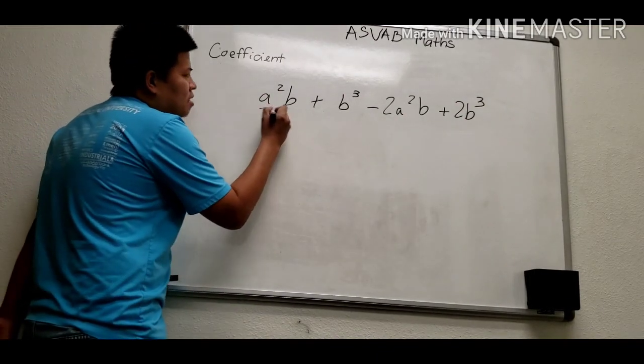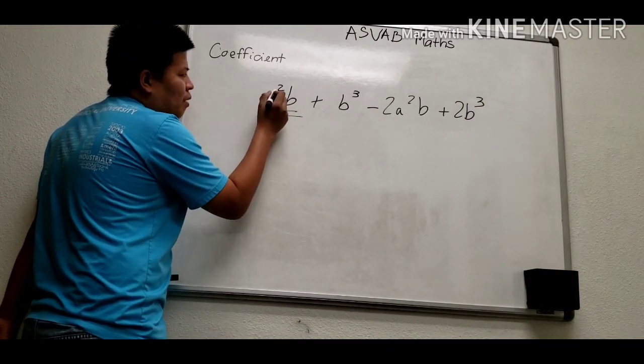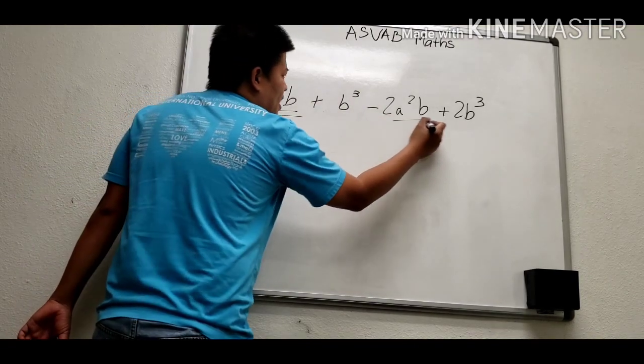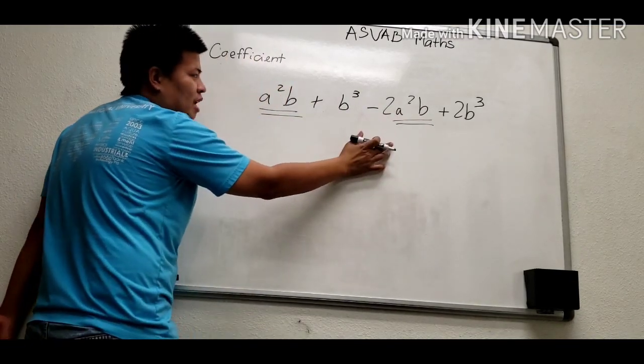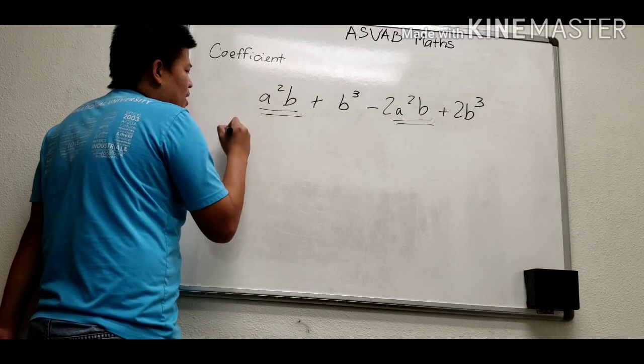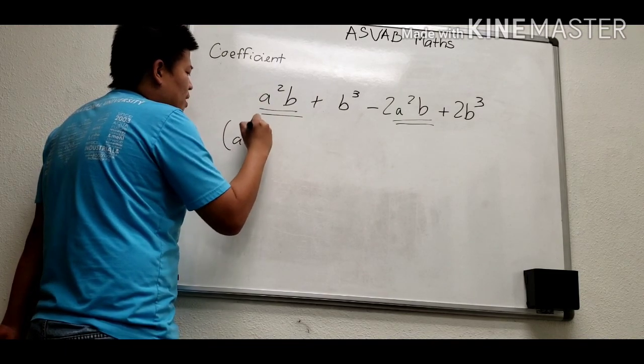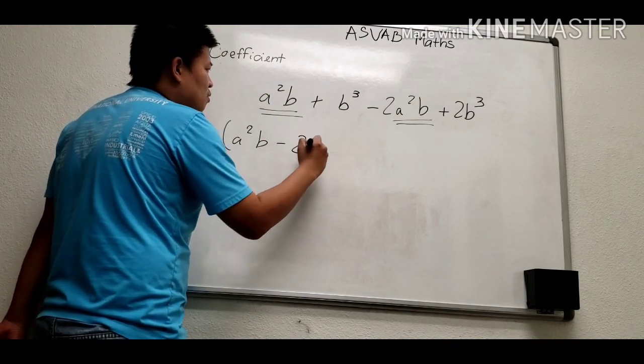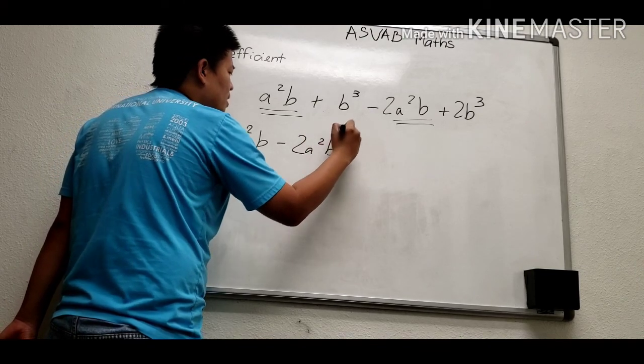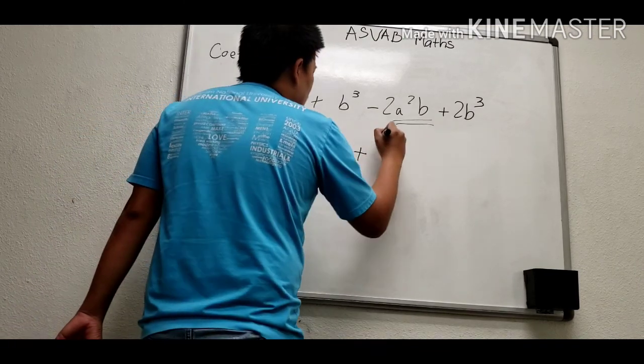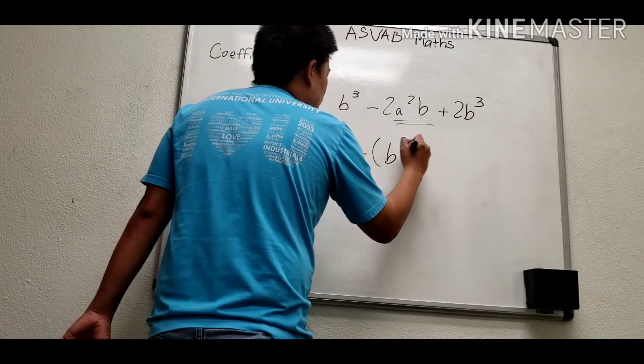We see that a power 2 with p and a power 2 with p have the same terms, and minus 2a power 2 with p is the same too.